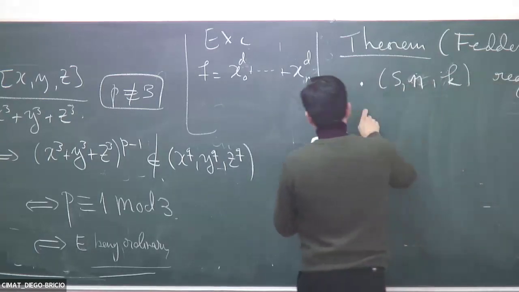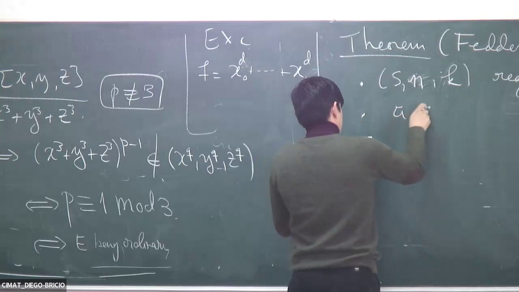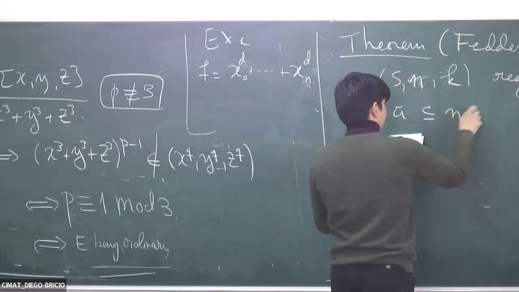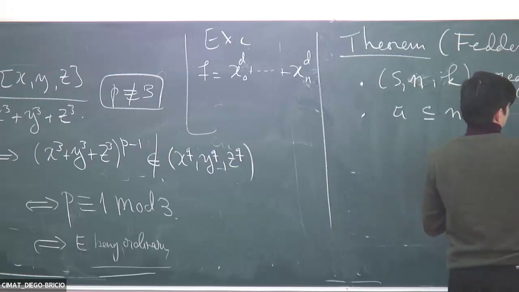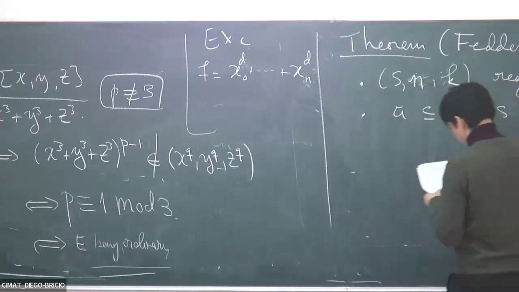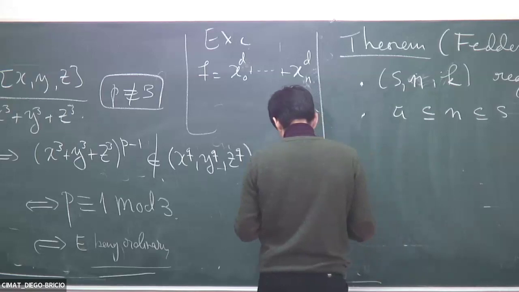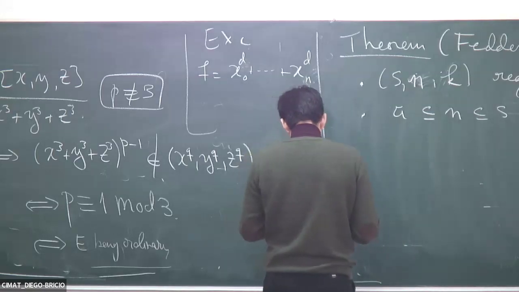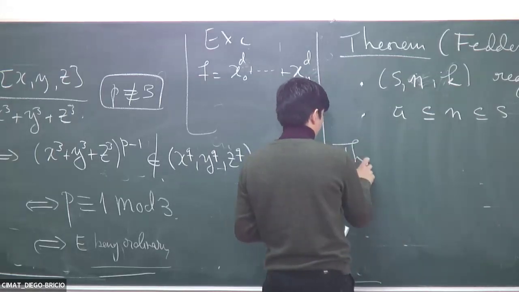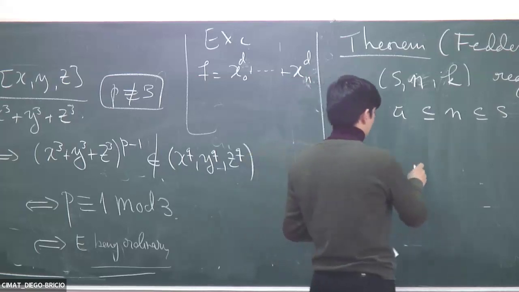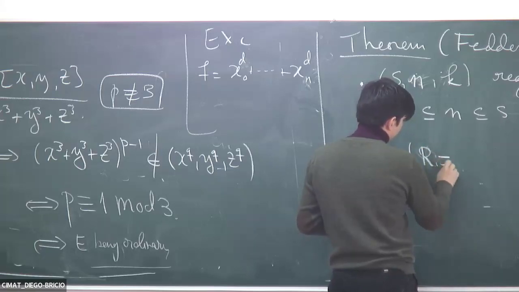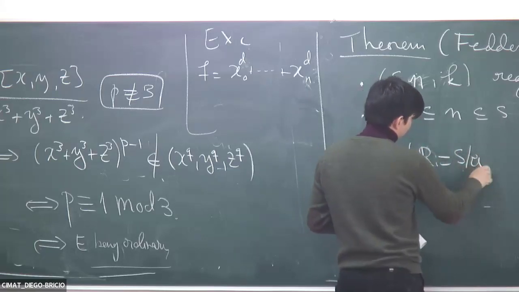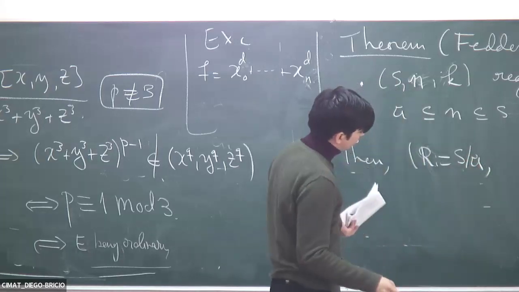Okay. Take any ideal A inside the maximal ideal. Then, out of this, you can get a local ring, R equals S modulo A. This is a local ring, right?